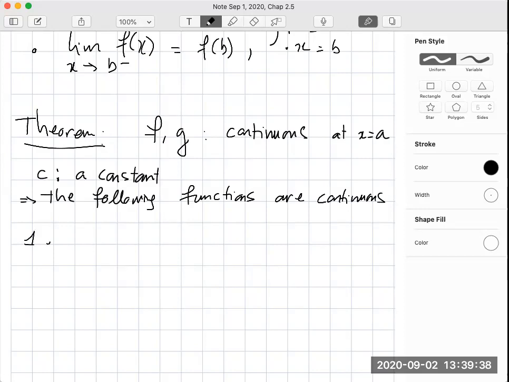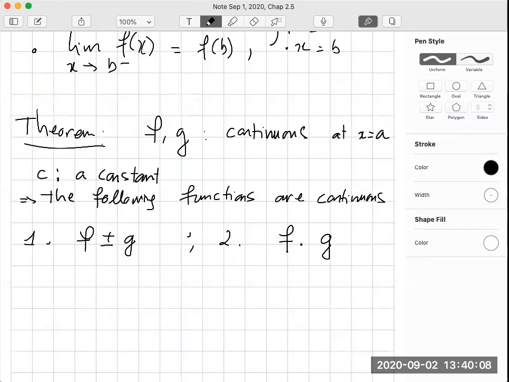First, the sum or the addition or subtraction of the two continuous functions is still continuous. Okay, that is the first property, plus or minus. The second property is, if f is continuous at A, g is continuous at A, then their product will also be continuous.